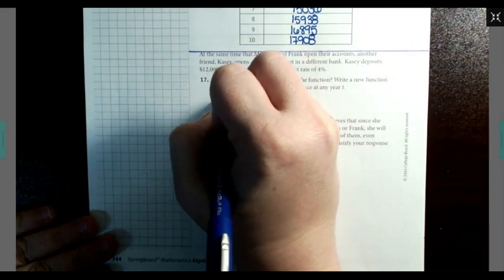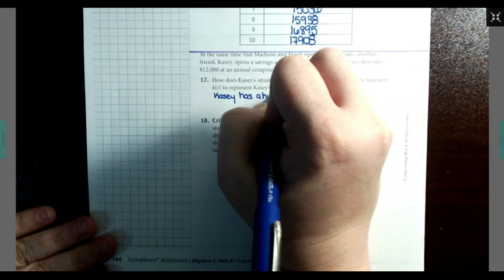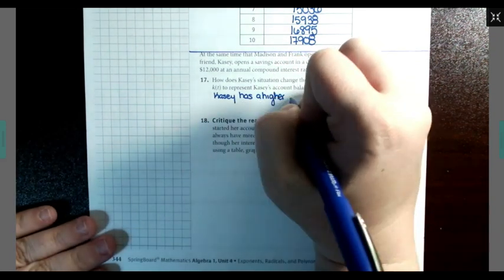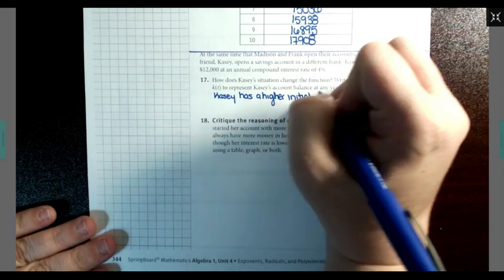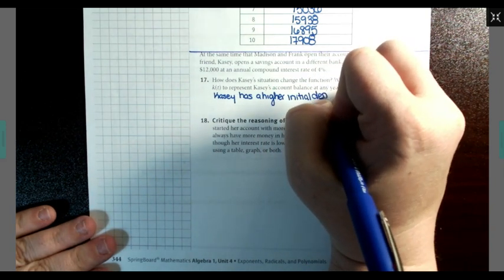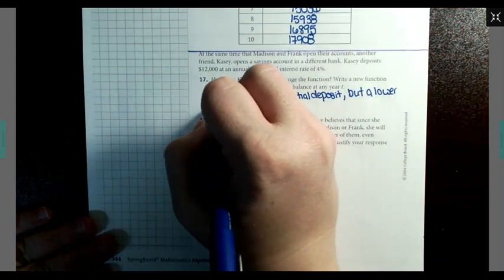So Casey has a higher initial deposit, but a lower interest rate.